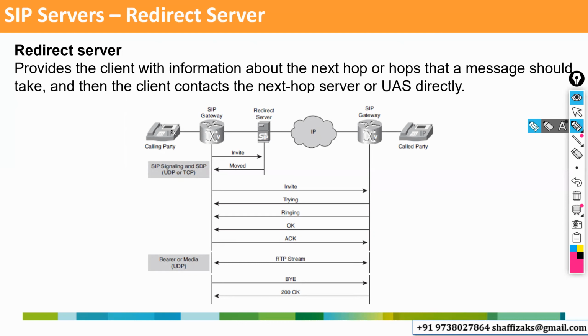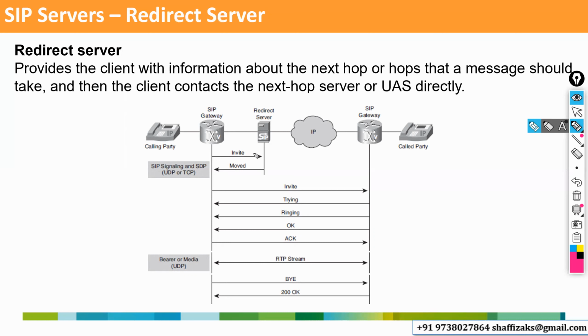Now the call is hitting from this IP phone to the gateway. Then this gateway doesn't know who the destination is or how to reach it, so it always goes to the redirect server. Here you can see the call flow. When I'm calling, the INVITE message is sent from this gateway to the redirect server. Now the redirect server provides the destination information, how to contact it.